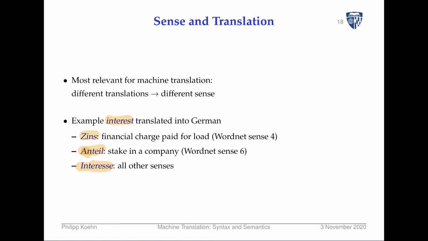So arguably, according to this, if interest has 7 senses in English, the German word Interesse has at least 5 senses to cover all these. So for translation, we might have to make fewer distinctions. And it's also a very elegant answer to the question, how many senses does a word have? Well, it has as many senses as it has translations.